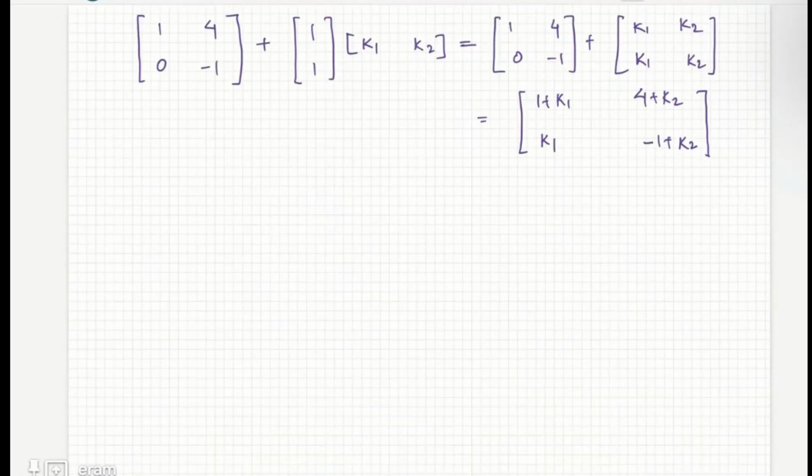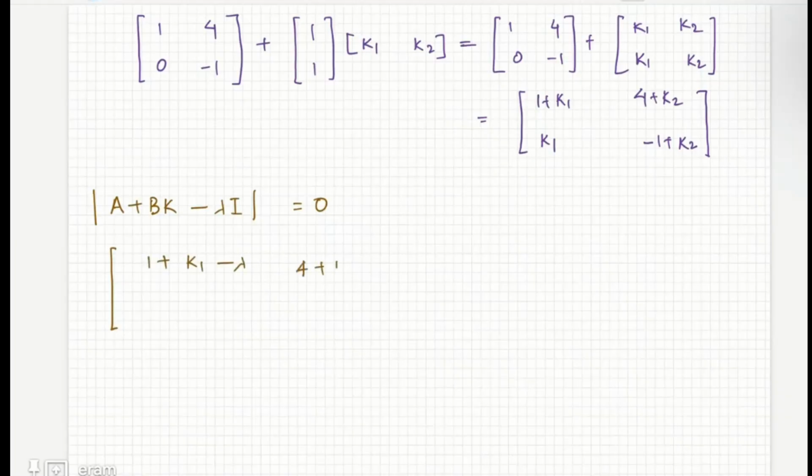And what will be the eigenvalues of this matrix? Now let's calculate the eigenvalues of this. We need to calculate the determinant of A plus BK minus lambda I. So it will be [1 plus K1 minus lambda, 4 plus K2; K1, -1 plus K2 minus lambda].